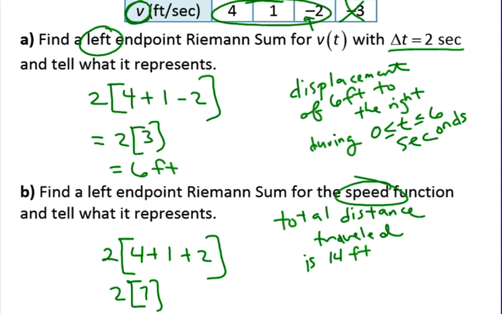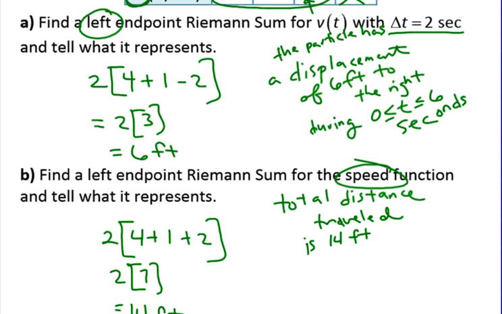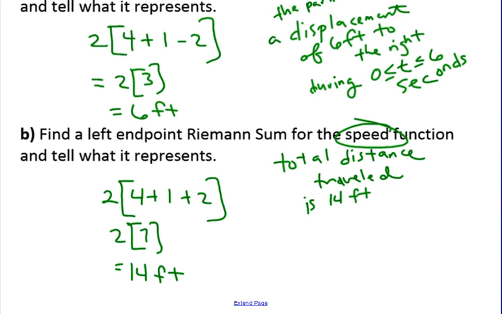So that's part of that technical writing. So the particle has a displacement of 6 feet to the right during the interval from 0 to 6 seconds. And the same thing here. The particle has total distance traveled of 14 feet on the interval from 0 to 6 seconds.